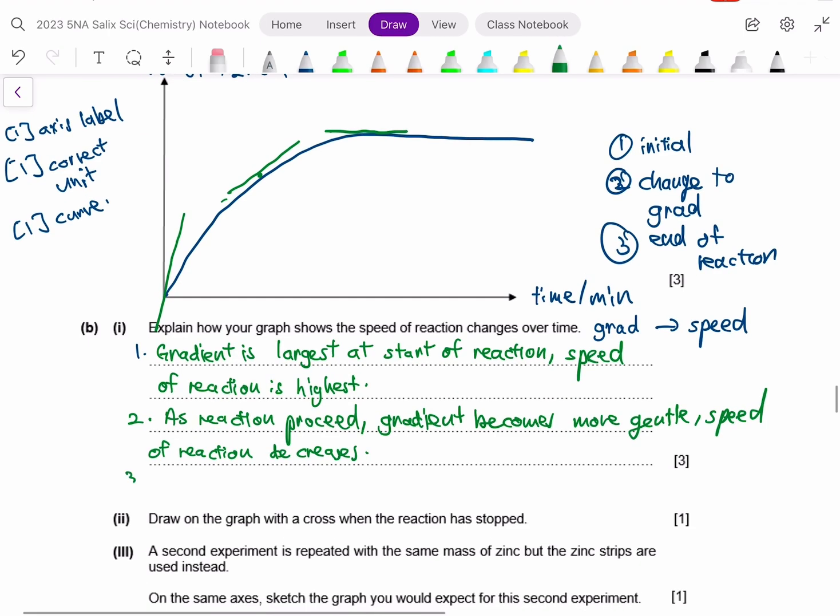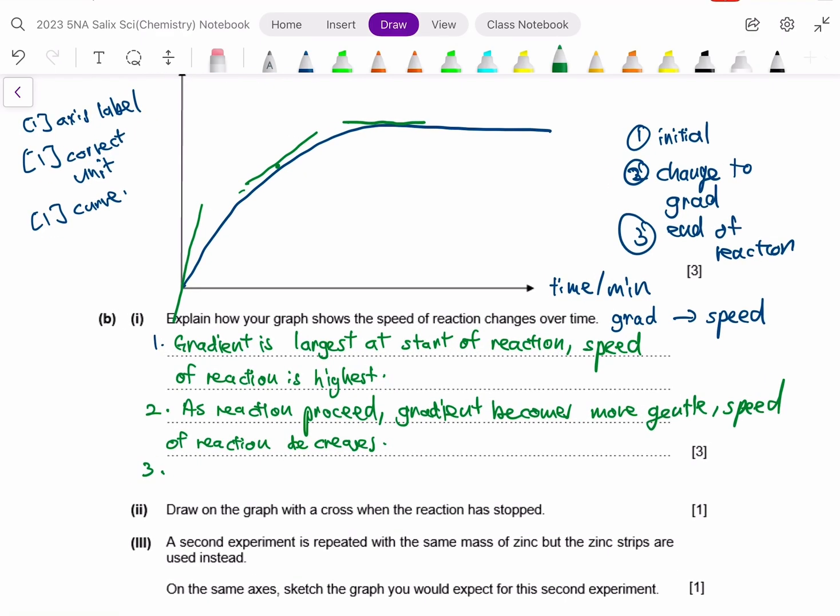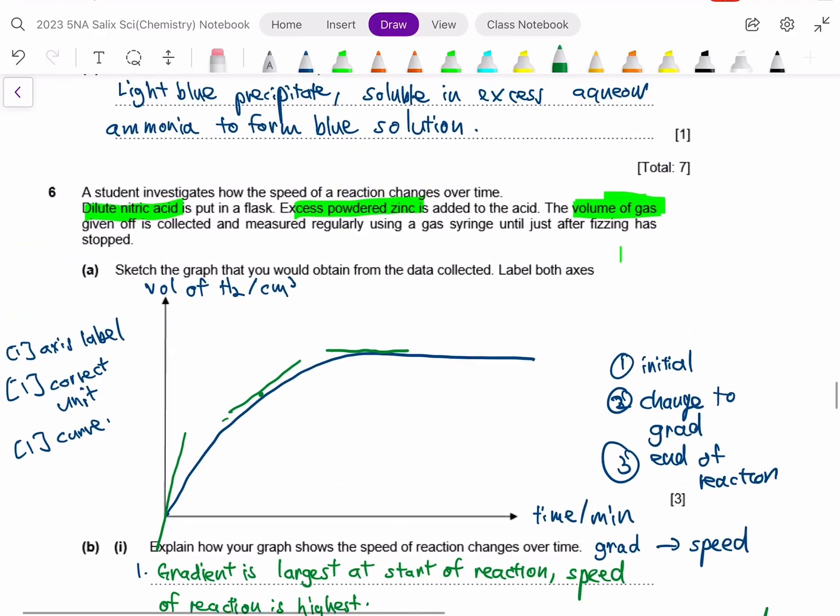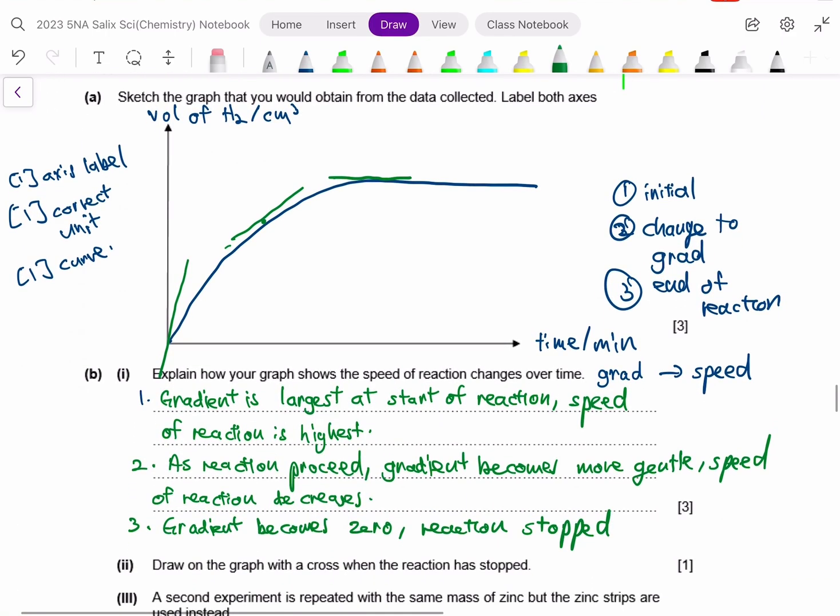Number 3, the gradient becomes 0, so the reaction stops at the end, when all the acid has reacted.